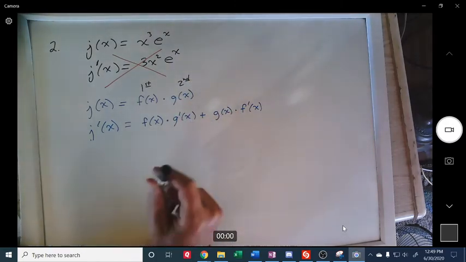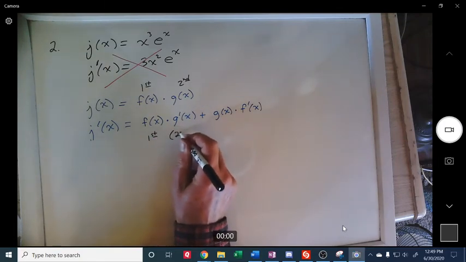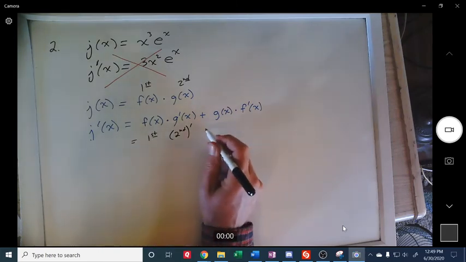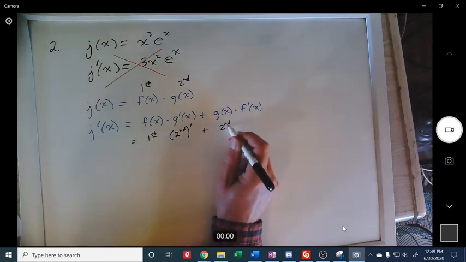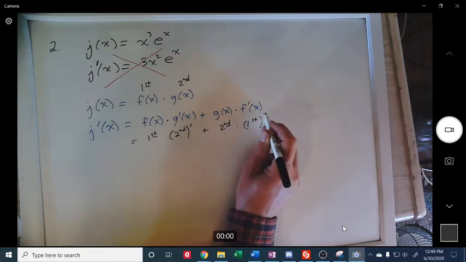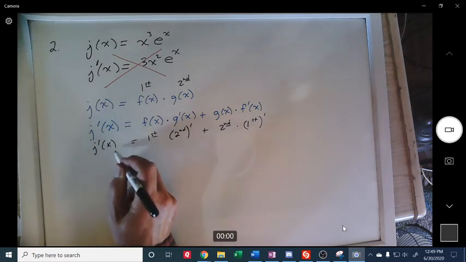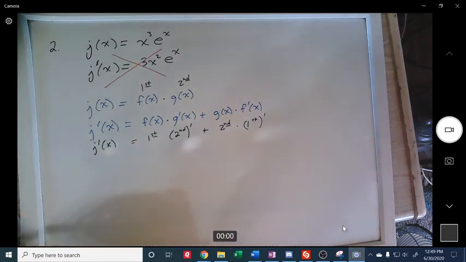Then the general formula is first times the derivative of the second plus the second times the derivative of the first. And that's how we wind up memorizing this formula. First times the derivative of the second plus second times the derivative of the first. You say it a few times and you wind up memorizing it.